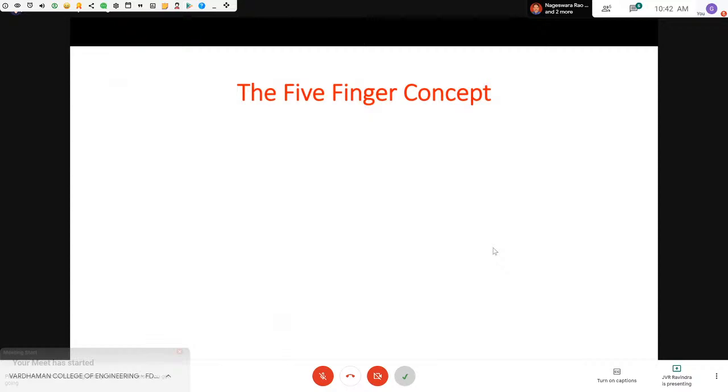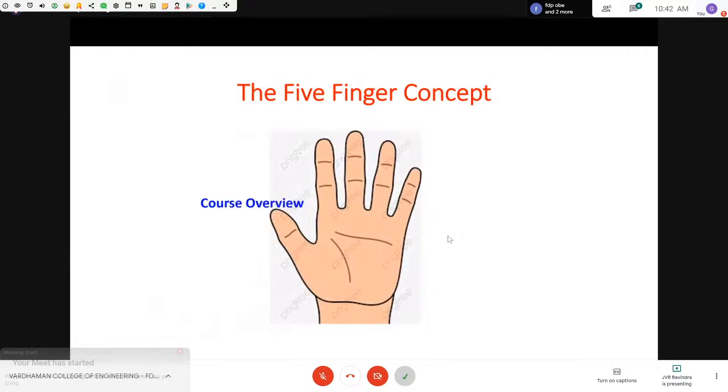So what is this five finger concept? We know that we have five fingers, and each finger does a different thing. If you want to do something, you must have support from all five fingers. The first finger is the course overview.